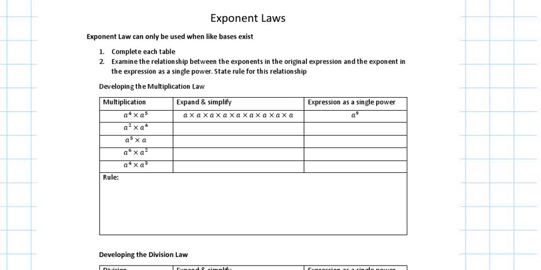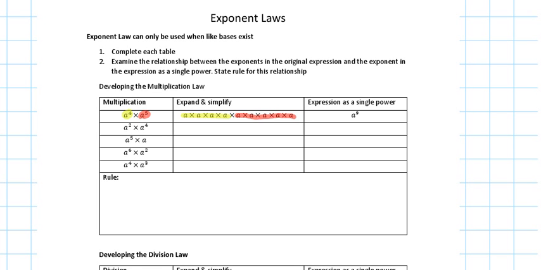That belongs to the a to the power of 4. And then I have multiplication, so times, and then I have another a times a times a times a times a, which belongs to the a to the power of 5. So altogether, how many a's do I have multiplied together? 9. So that's the same thing as writing a to the power of 9, right?